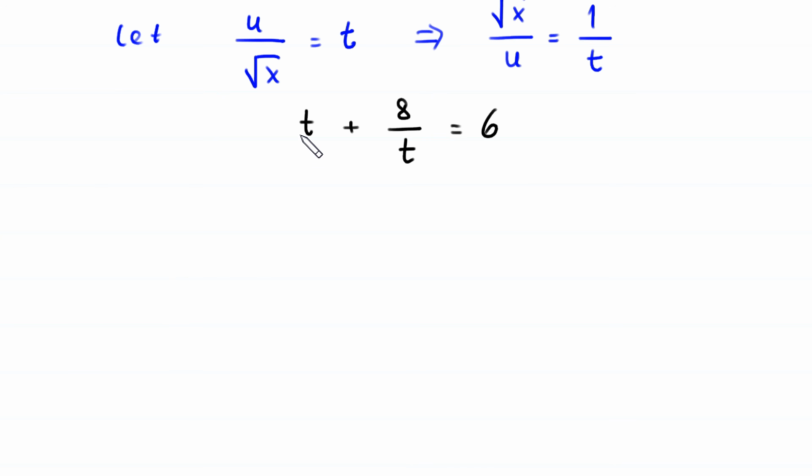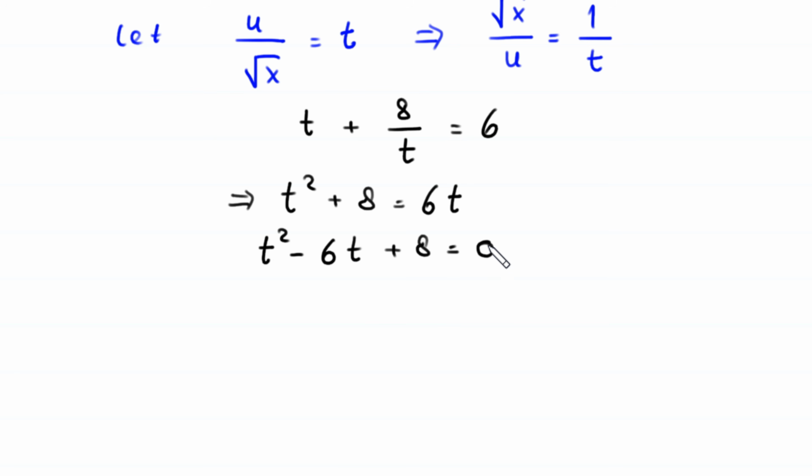If we multiply both sides by t, this implies that t squared plus 8 equal to 6t. Move 6t to the left hand side, and this will become t squared minus 6t plus 8 equal to 0. Now this is a quadratic equation and is factorable.